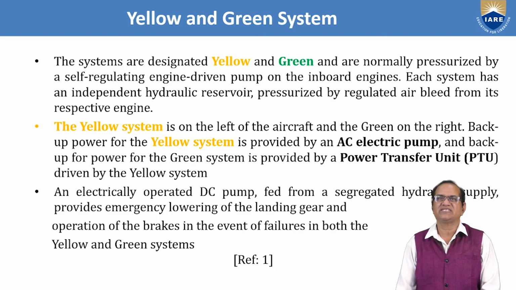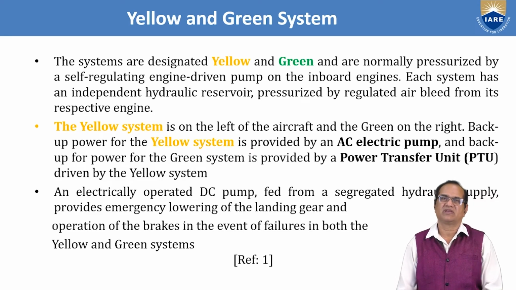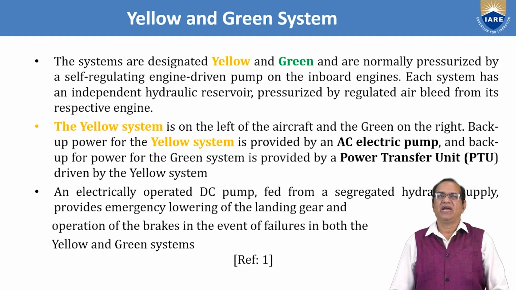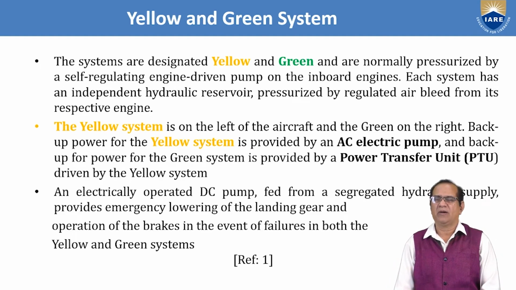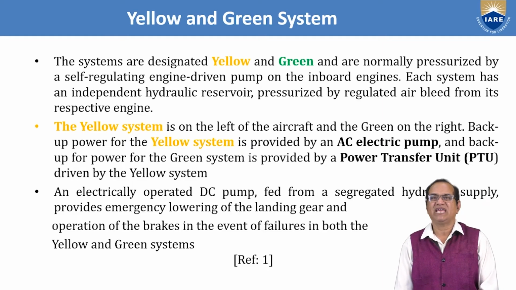Each system has an independent hydraulic reservoir pressurized by regulated air bleed from their respective engine. The yellow system is on the left of the aircraft and the green system on the right side. Backup power for the yellow system is provided by an AC electrical pump, and backup power for the green system is provided by the power transfer unit driven by the yellow system.